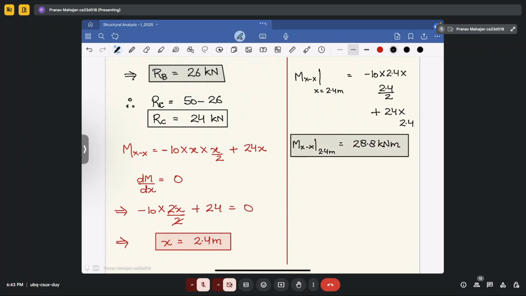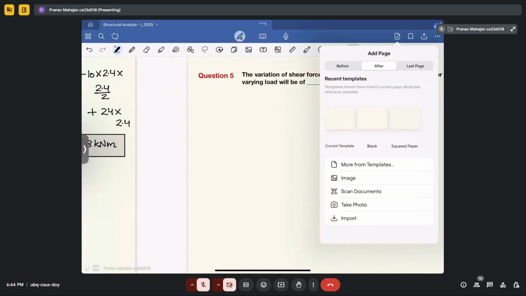Okay, so now the maximum value you have calculated. Now talking about minimum value. So minimum value, where it will come? It will come at the support A, because if you draw the shear force and bending moment diagram, what you will get? Let's draw the bending moment diagram for this case.